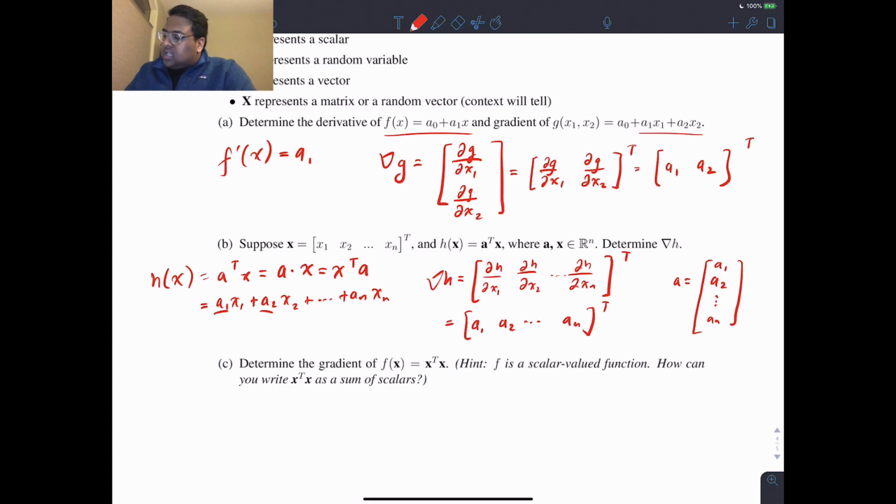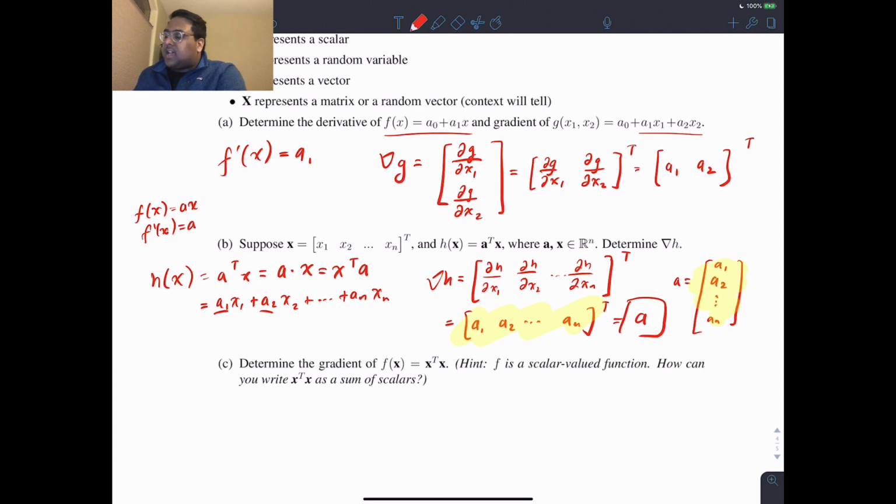But this vector over here is the exact same as this vector over here. So it turns out that the gradient of h is just A. You can think of this as the vector version of this specific case of the power rule: if f of x is ax, the derivative is a.